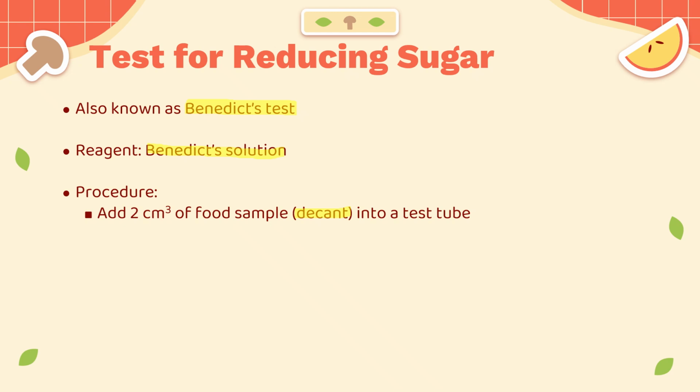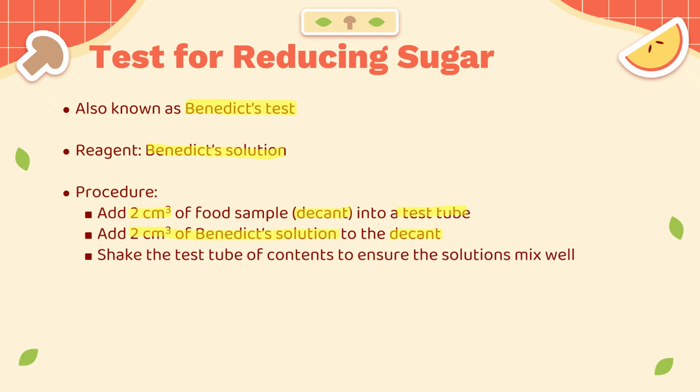And you don't need to use all the decant. You just need about 2 cubic centimeter. So you extract 2 cubic centimeter of the liquid into a test tube. Then you add the same amount of Benedict solution to the decant, so it is of 1:1 proportion.